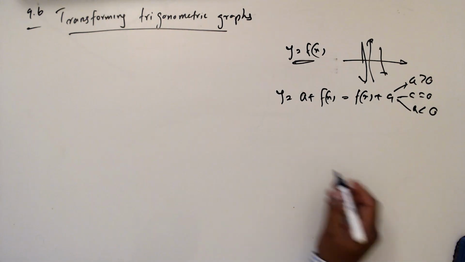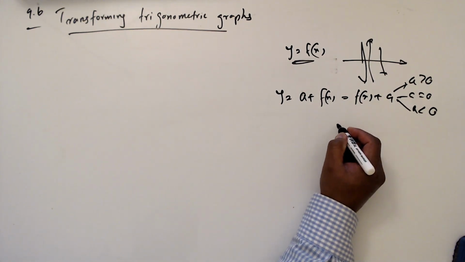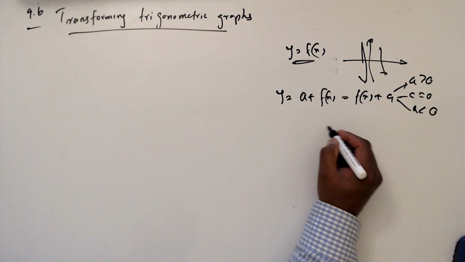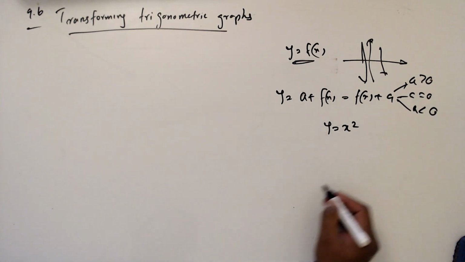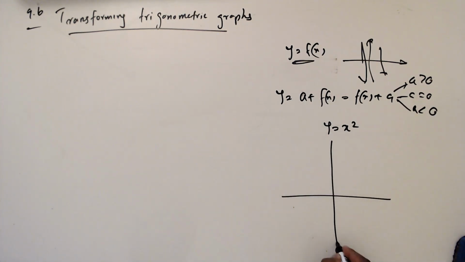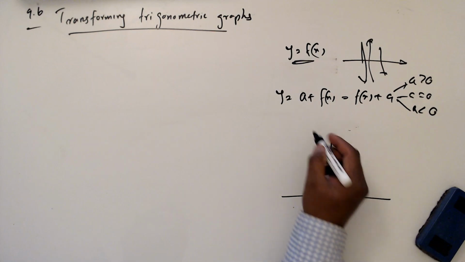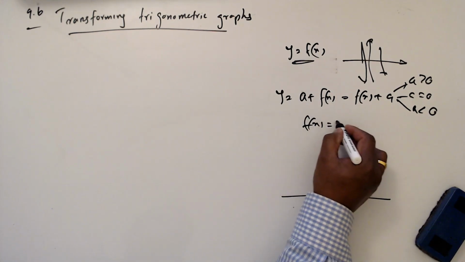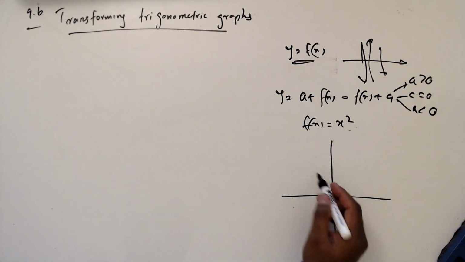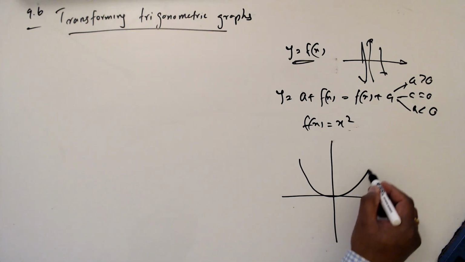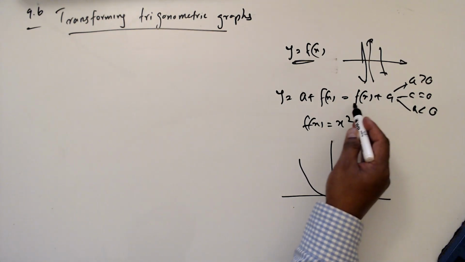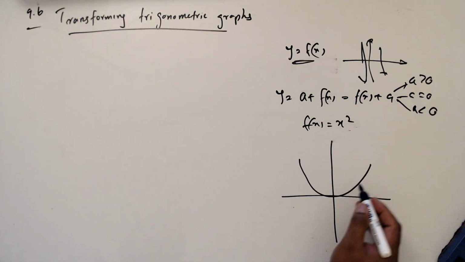If we have the equation y equal x squared, I will write this as f(x) equal x squared. When a equals 0, it's f(x) equal f(x).